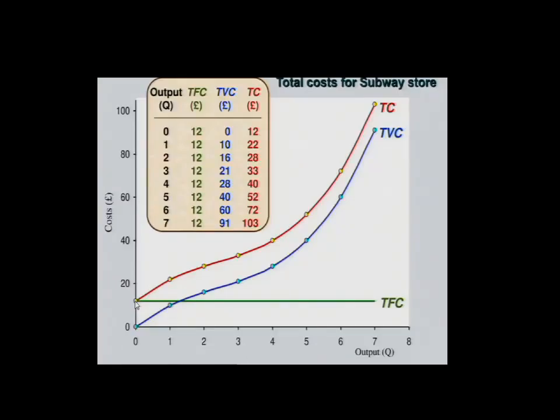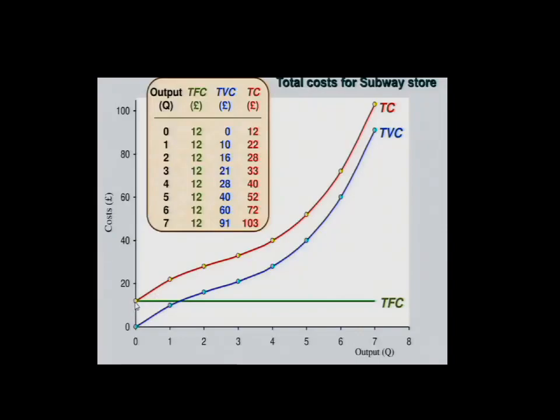So they are fixed. Or the rent, for example, it's always the same unless there is a change. But that isn't associated with the level of output. If your rent changes, it's not because your production increases, but just because the owner of the warehouse has increased the rent. So total fixed cost is constant at any level of output.